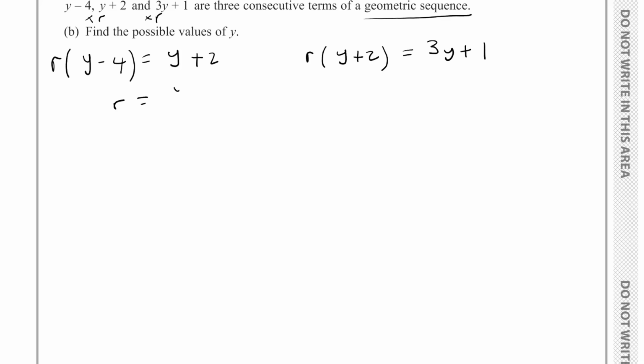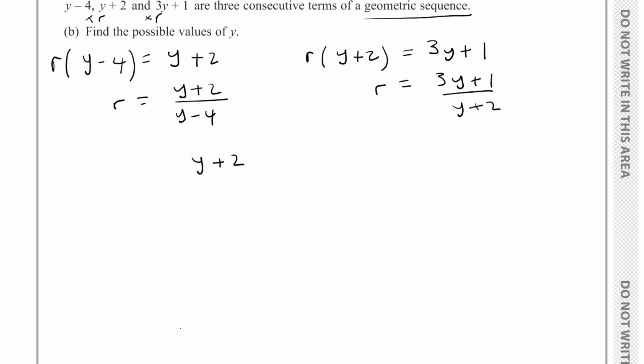If I divide both sides by y minus 4, and divide both sides by y plus 2, I've got 2 things equal to r, and I can make them equal to each other.